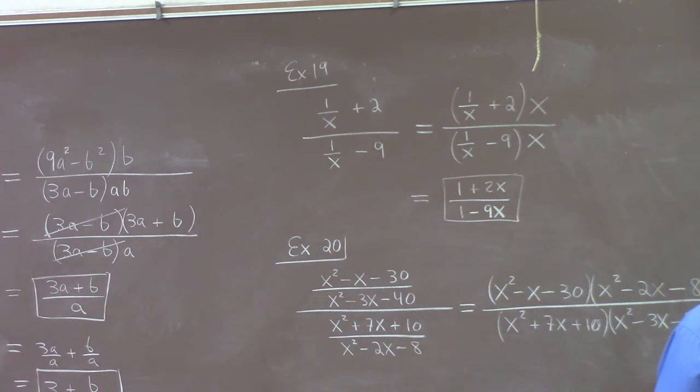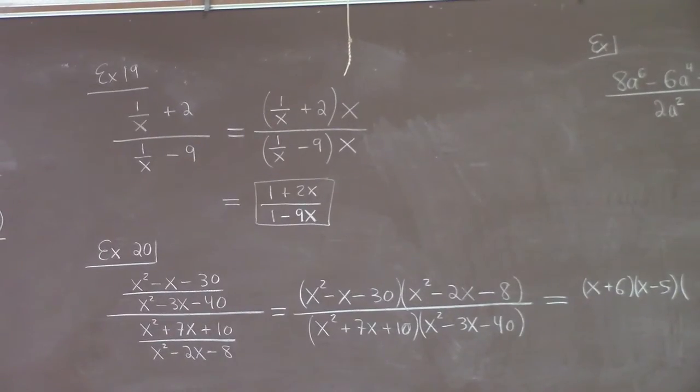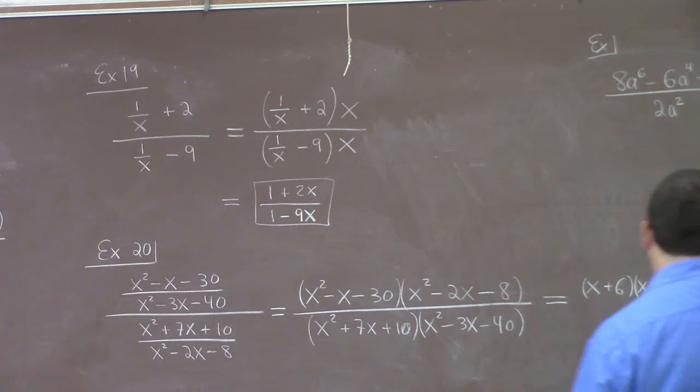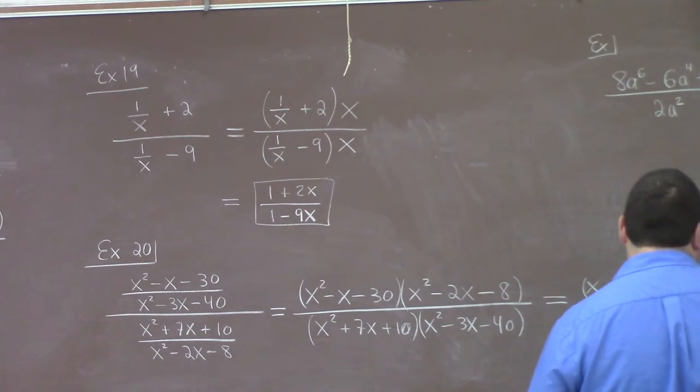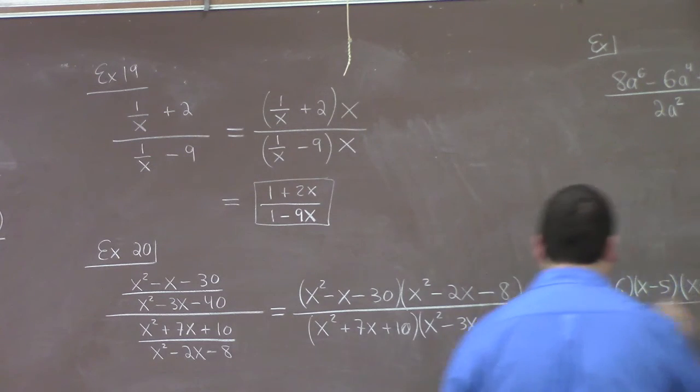x plus 6, x minus 5. And then the second part: x plus 2, x minus 4. And then on the bottom it'd be x plus 2 and x plus 5.